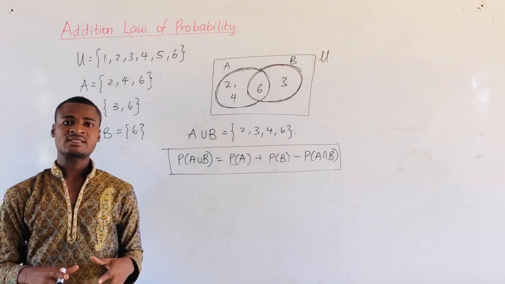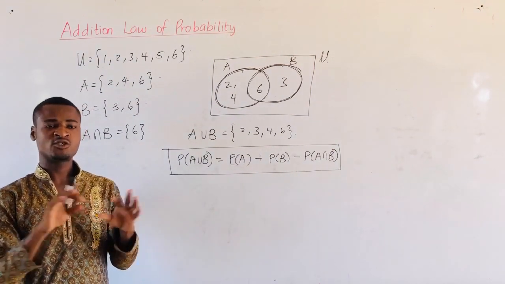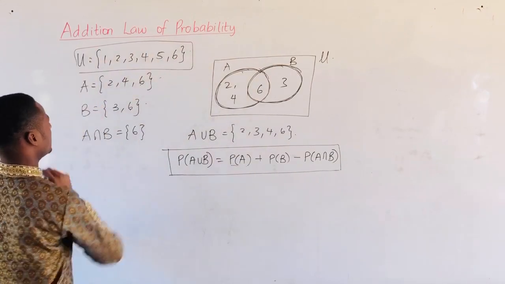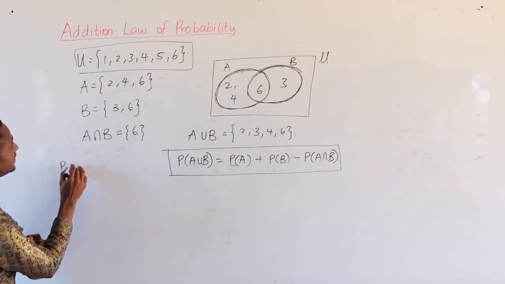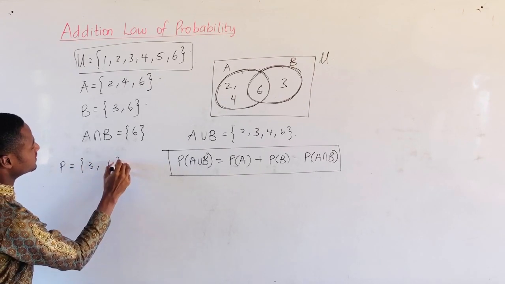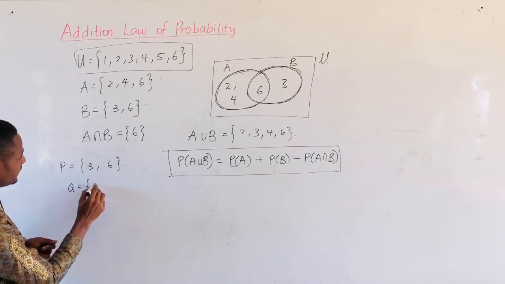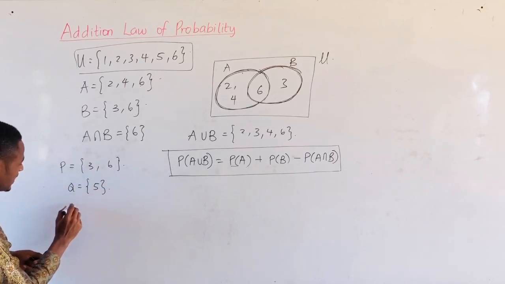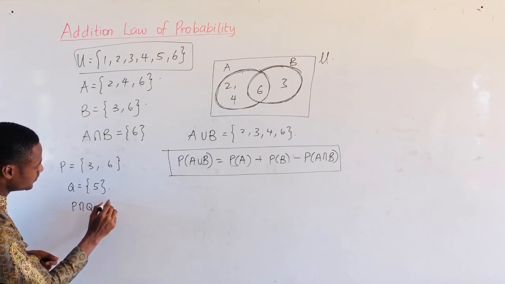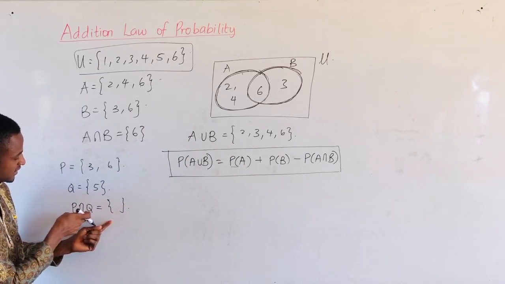Now there are also some events that do not intersect. We call them disjoint sets. For example, from this sample space, if we have the event P equal to {3, 6}, and the event Q equal to {5}, then P intersection Q is equal to an empty set. So there is no intersection for this.